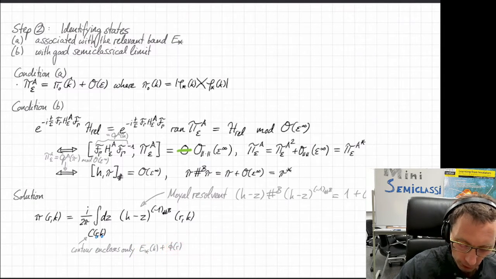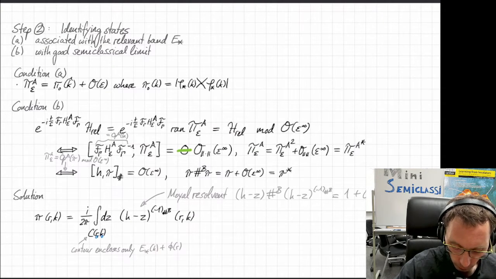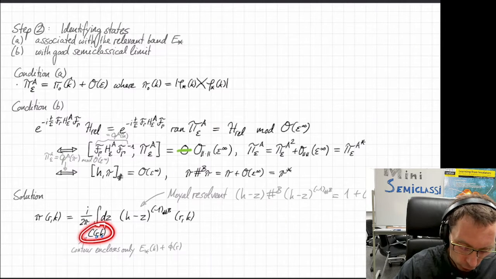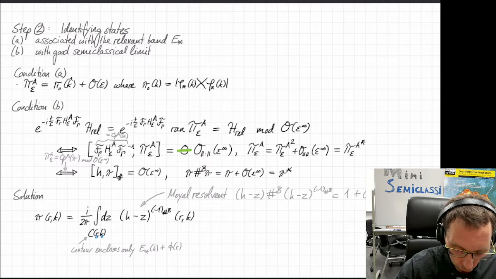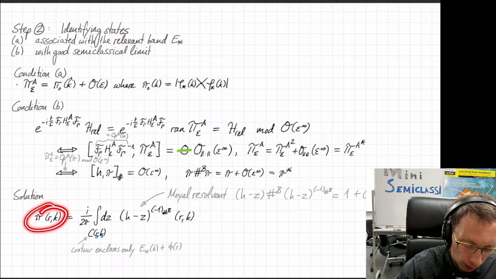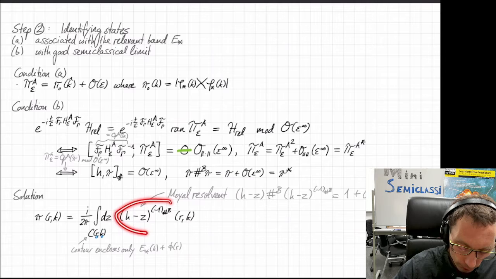This here was smooth and bounded by assumption with bounded derivatives. So we can choose this to be locally constant in a neighborhood of R0 and K0. And hence all the properties of pi are directly inherited from the so-called Weyl resolvent.